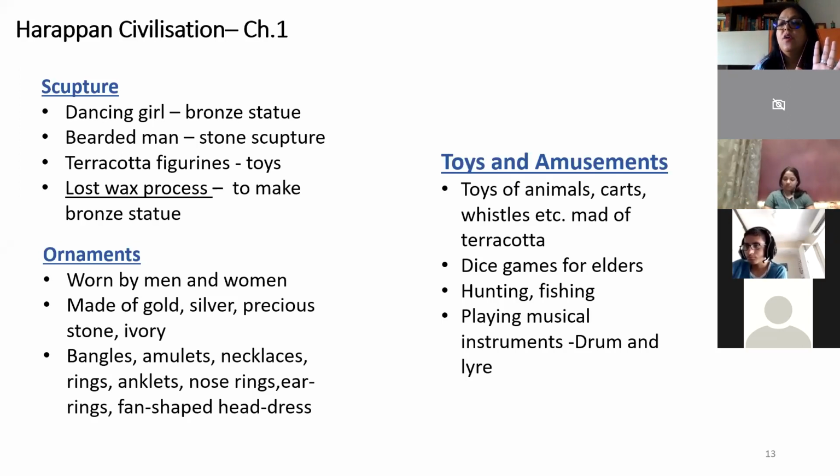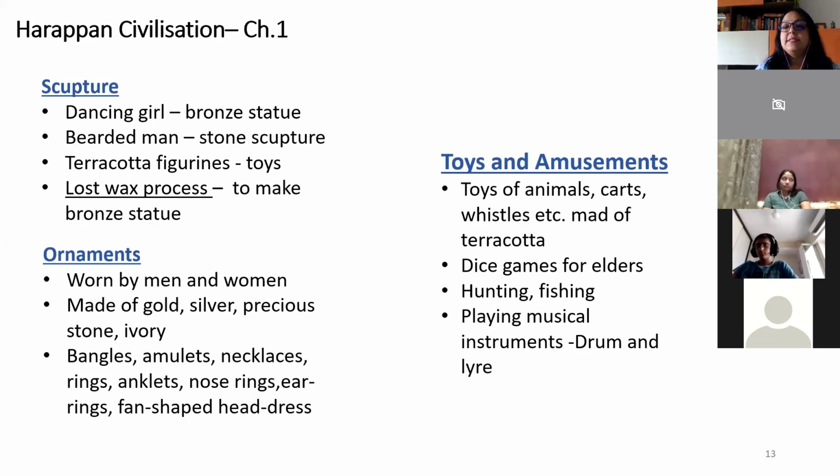Did you understand? On top is the mud, isn't it? So you just take and break it. When you break, all the mud breaks off, and inside we get the bronze statue. Did you understand? This was the process of making a bronze statue. This process is called lost wax process.